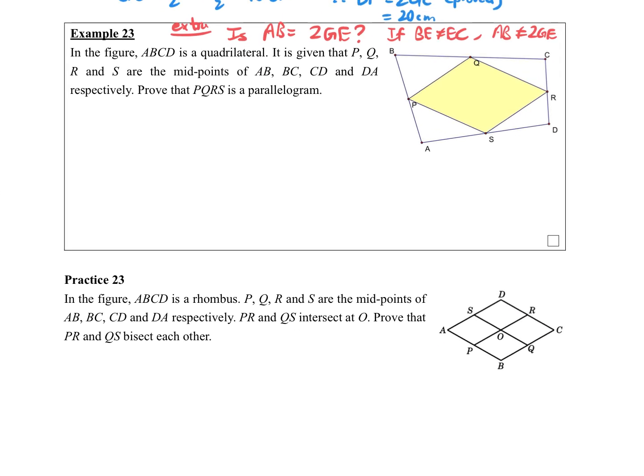ABCD is a quadrilateral, and it's given that P, Q, R, S are the midpoints of the 4 lines respectively. I want you to prove that the shape in the middle is actually a parallelogram. It's just a random quadrilateral.